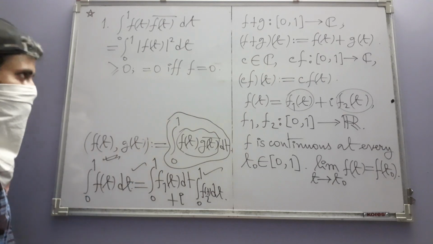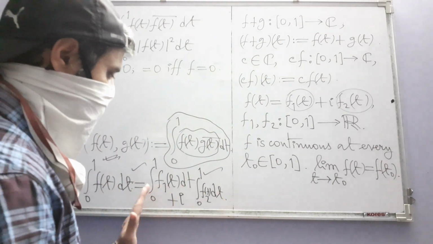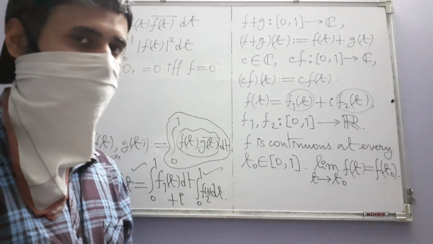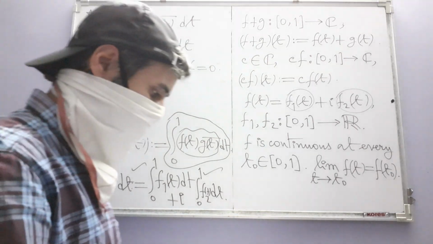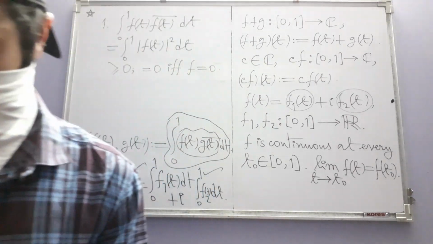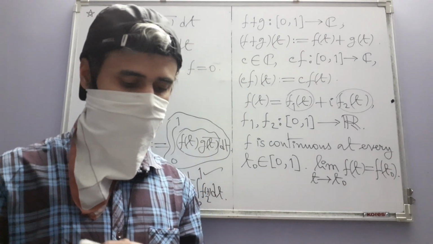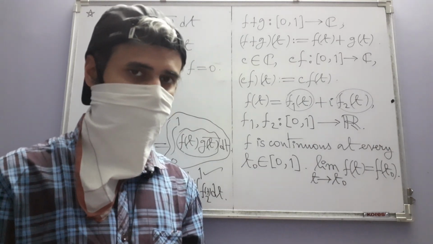The other properties are easier than this, and they follow from the fact that the integral is linear in nature, they're like differentiation. And so this verification is left to you, just like part 2 and 3 of the previous example.